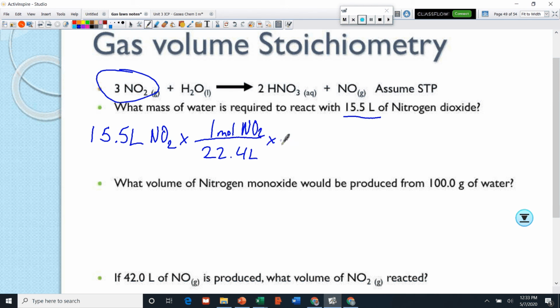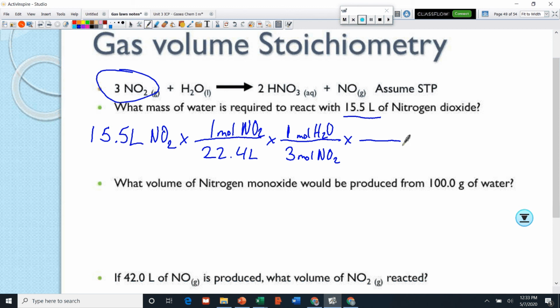Now, this is going back to Unit 8, stoichiometry. So I need to establish a mole ratio. I have 3 moles of NO2 for every 1 mole of H2O.